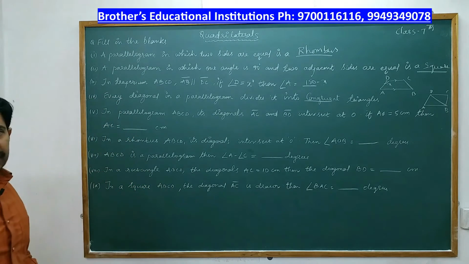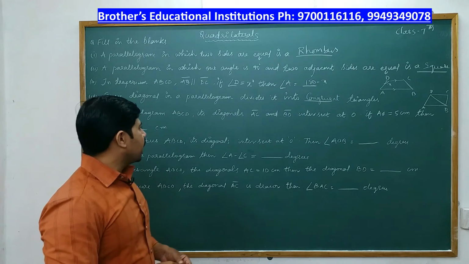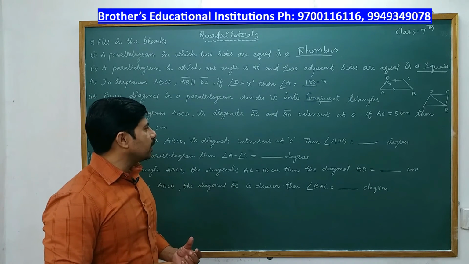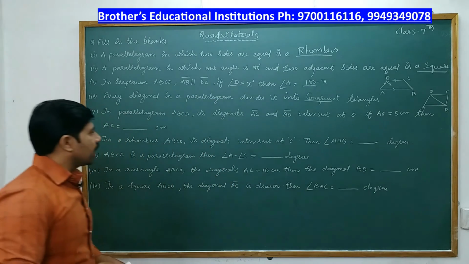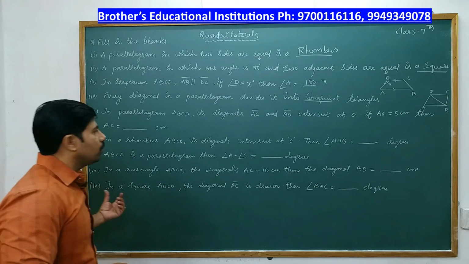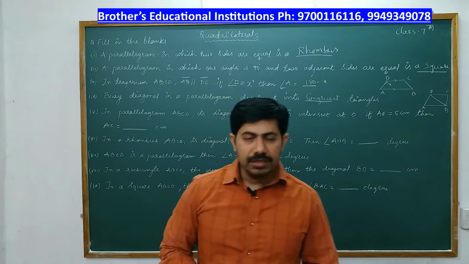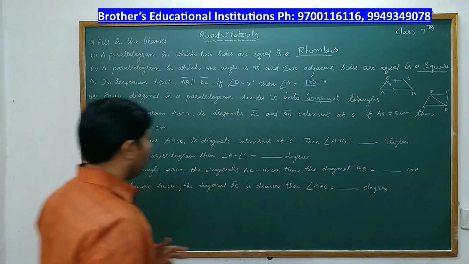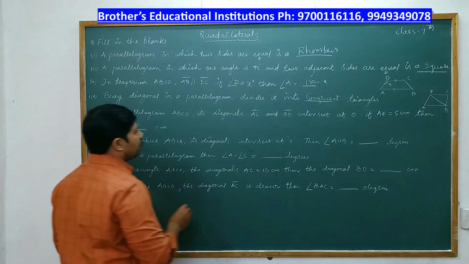Then the next one is, in a parallelogram ABCD, its diagonals AC and BD intersect at O. If OA is 5 centimeters, then we have to find the length of AC. The length of AC will be double of OA, that is 10 centimeters.